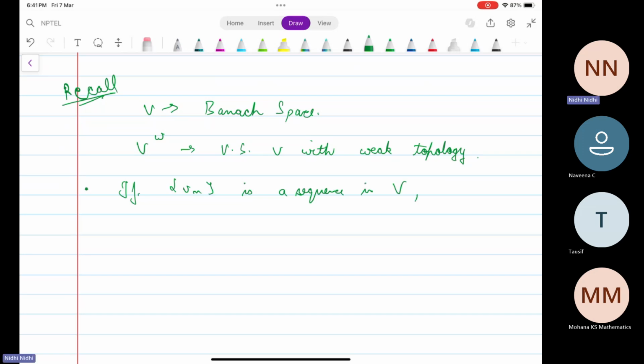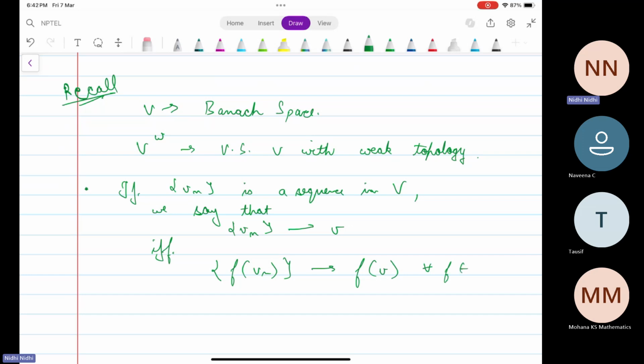If V_n is a sequence in V, we say that V_n converges to V in weak topology, or V_n converges to V weakly, if and only if f(V_n) converges to f(V) for every f in the dual space.